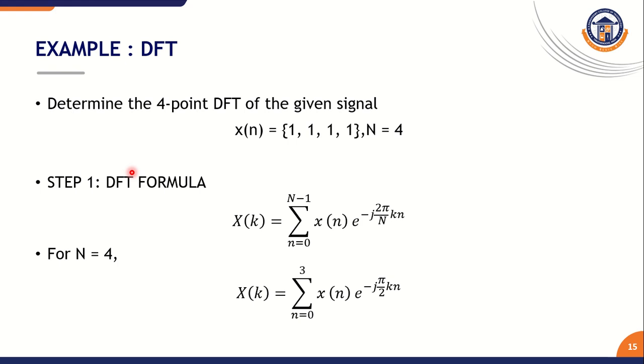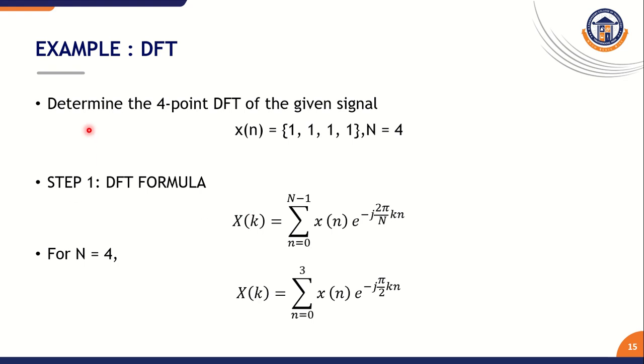Let us now see a numerical example of DFT. Through this example, we can understand the concept of DFT. We substitute the values of k and N and evaluate cosine and sine terms to obtain the frequency components.